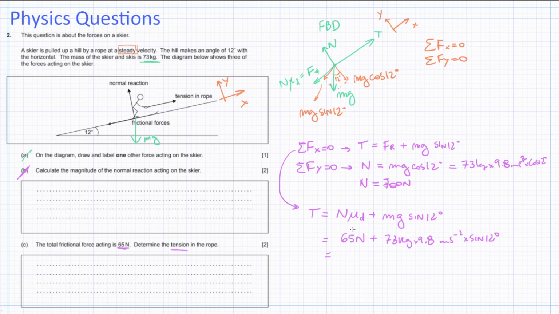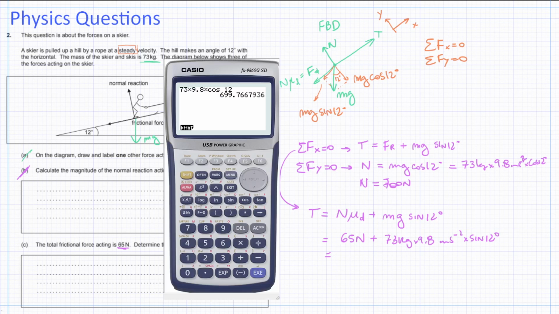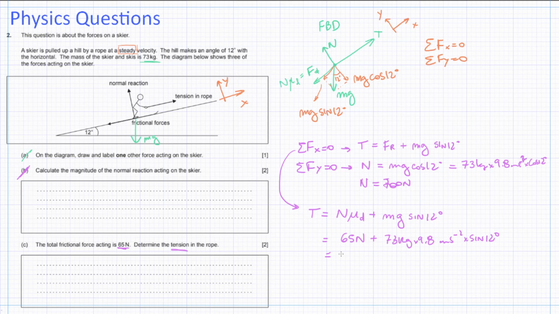So let's get our calculator. So 65 plus 73 times 9.8 times sin of 12. And there we go. So it's 200, and if we round to 3 significant figures, we would have 214 newtons.